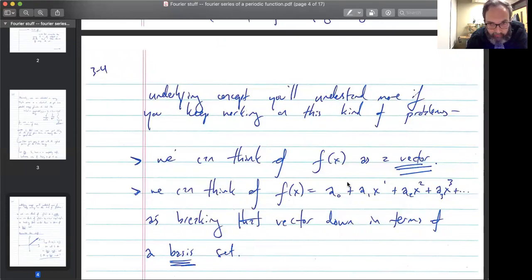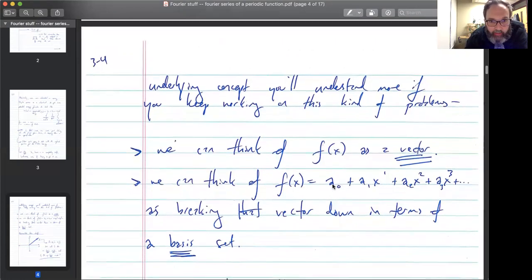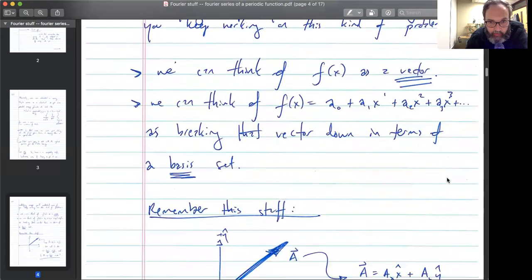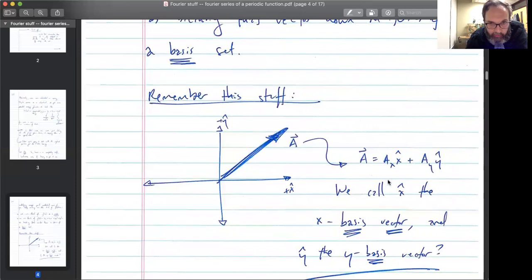And then maybe I should even write a naught x to the 0th power in here. We can think of this as breaking this vector f of x down in terms of a basis set, where the basis set is x to the 0th power, x to the first power, x squared, x cubed, and so on.